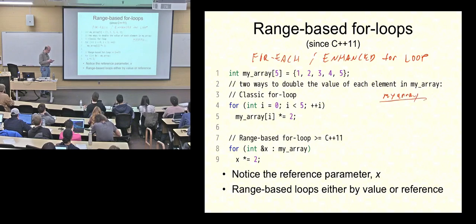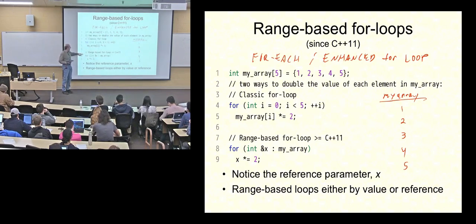My array has in it 1, 2, 3, 4, 5. The subscripting version says access an element of the array, multiply it by 2, and store it back in. With the enhanced for loop, we're saying step through every integer reference x colon my array. So for every integer reference in my array, multiply x by 2 and store it back into x.